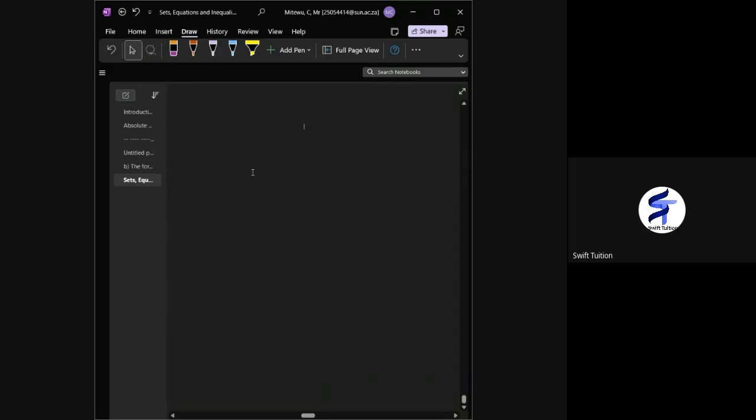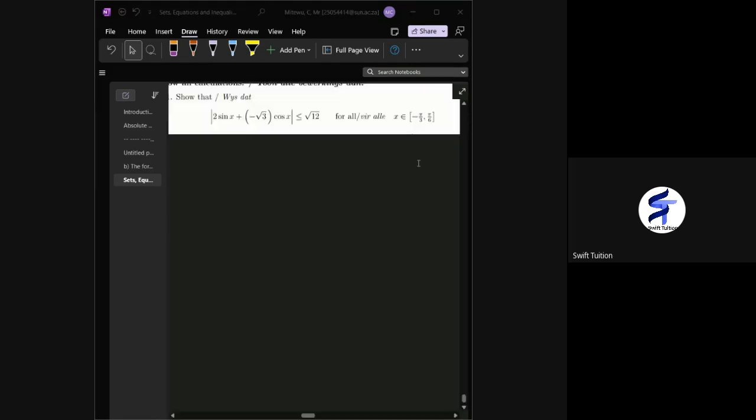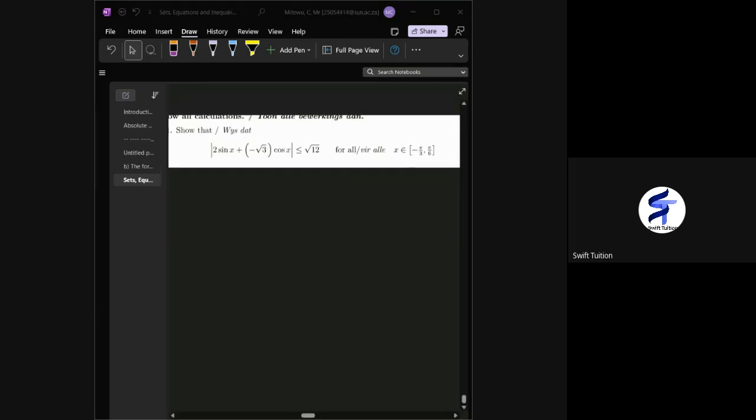For now, what you need to understand is that absolute values, especially absolute values with inequalities, and obviously you can use different expressions inside, in this case they decided to use trigonometric expressions. So that's when we're going to use that.